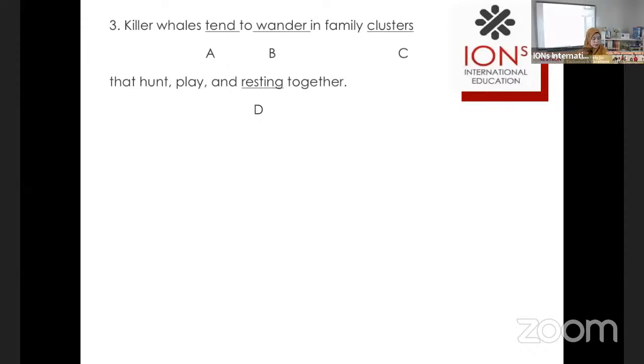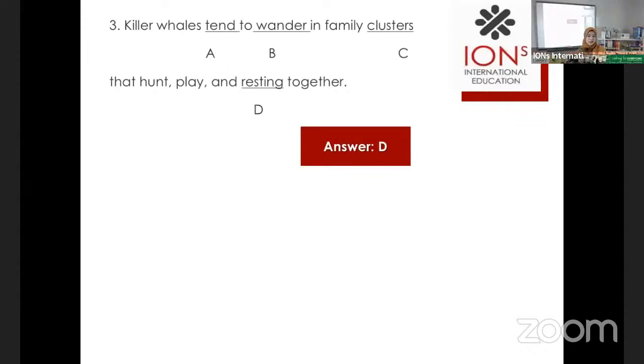Wander, ya, wander. And then di situ ada, take a look. This one is parallelism. Oke, di sini tentang parallelism. Teman-teman lihat di situ ada that hunt, play, and resting. Right? So here D is incorrect.